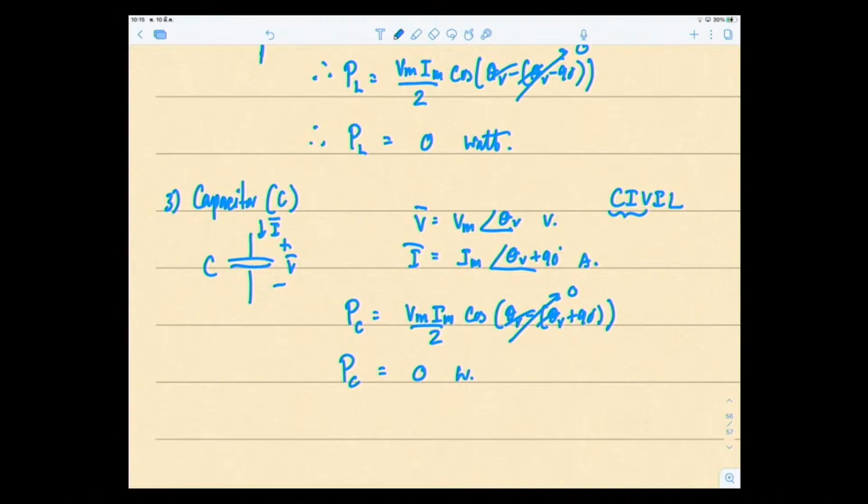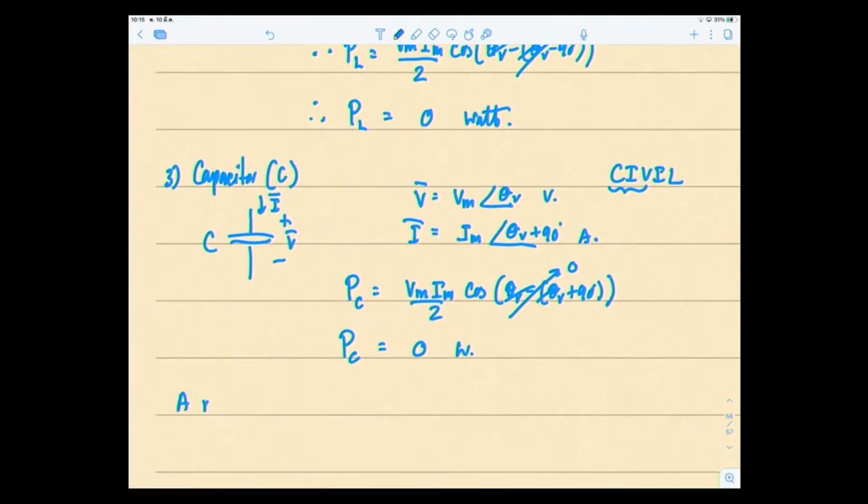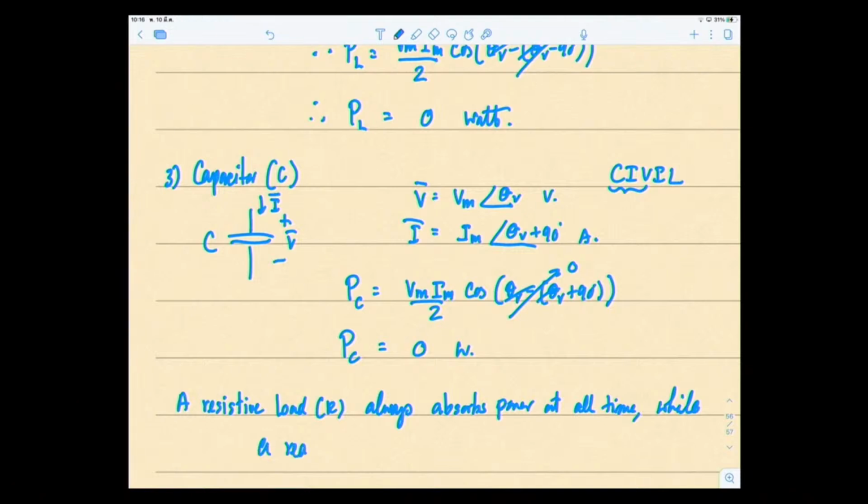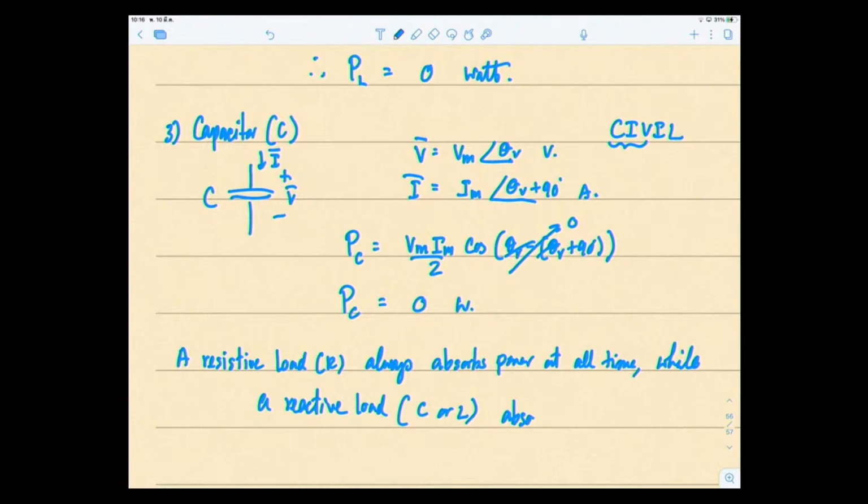So looking at the three elements, we can conclude that a resistive load R will always absorb power at all times, while a reactive load, either C or L, absorbs 0 average power.